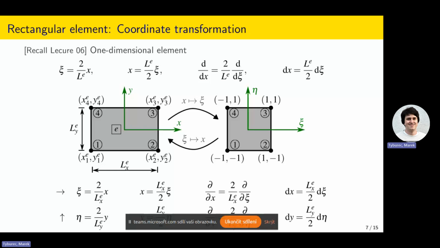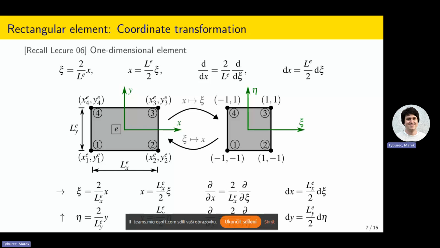Okay, so that was recalling what we already did. And now for this 2D element, we need to have these basis functions defined similarly, in the sense that they should be 1 only in the corresponding node and 0 elsewhere. But now we actually have two dimensions, not only one.